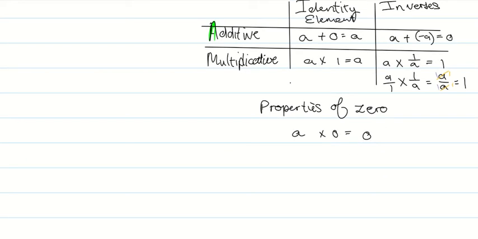And then a divided by 0, no, sorry, I beg your pardon, it's 0 divided by a. 0 divided by a is equal to 0.